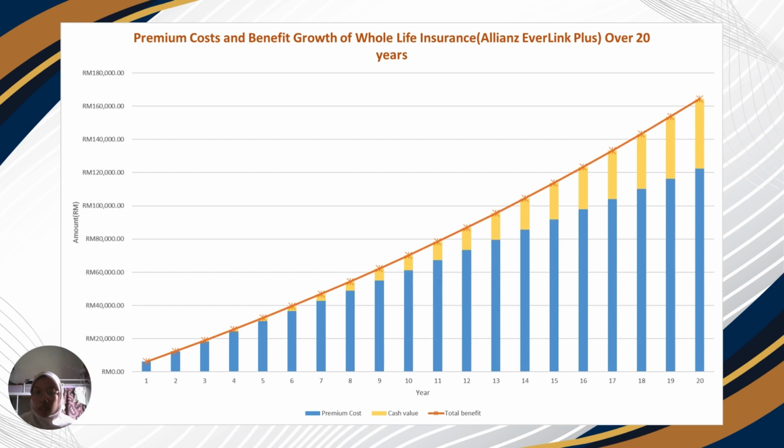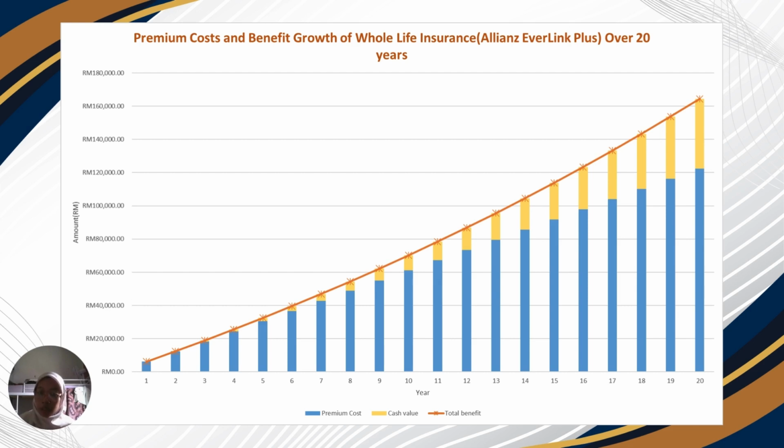We can see around the 10th year, the cash value grows significantly, which means the policy starts building up a good amount of savings or investment returns. The last one, which is the orange line, indicates the total benefit, which includes the sum of the cash value and the insurance coverage.